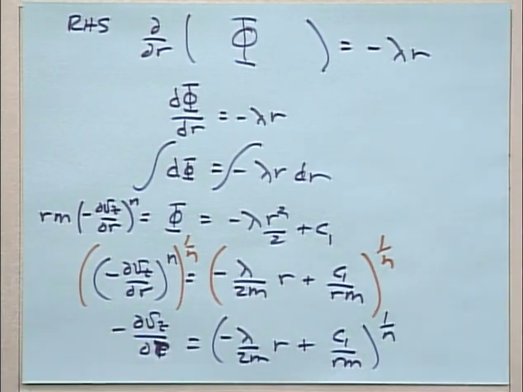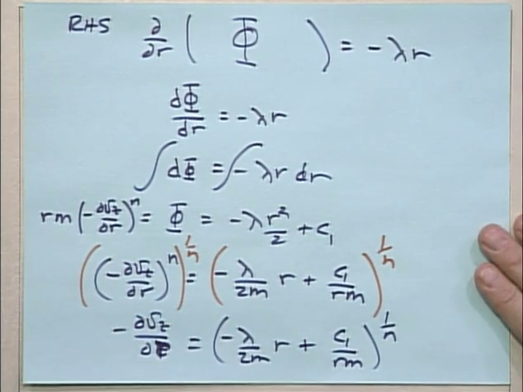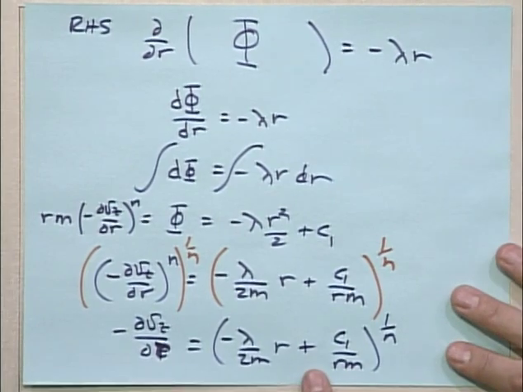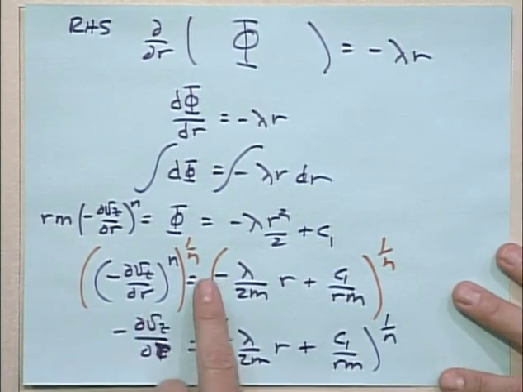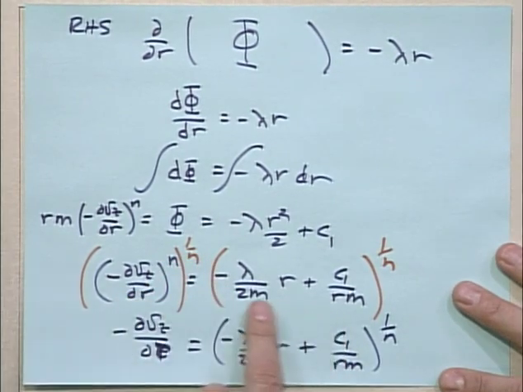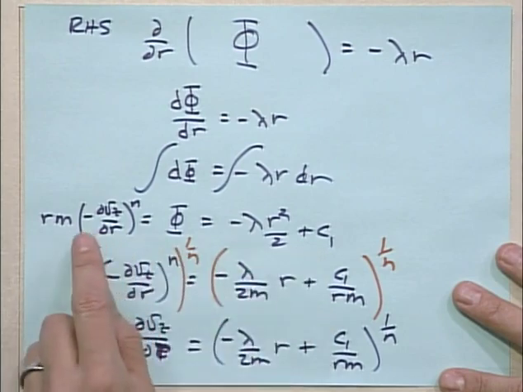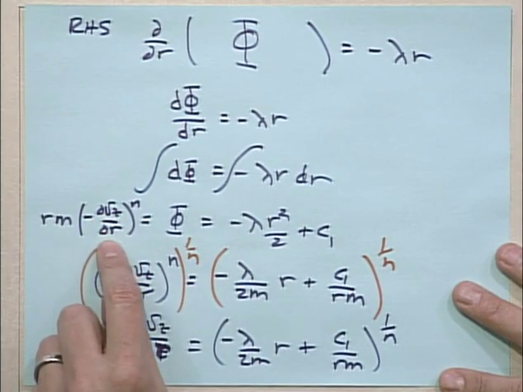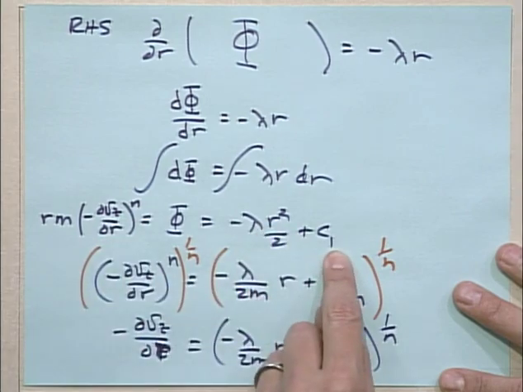Now, there's some more steps here. The missing steps are that back at this step, minus dvz dr to the n is equal to the stress. And the stress at the center is 0, so c1 is 0.